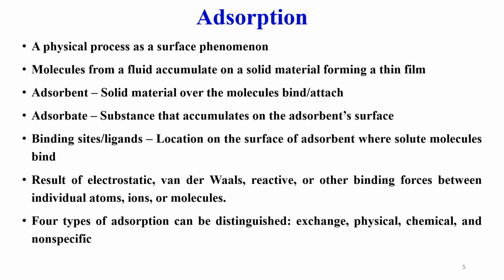Adsorption, as the name suggests, is a physical process, a surface phenomenon. In this case, molecules from a fluid accumulate on a solid material, and it may form a thin film, or it may also form multilayers.